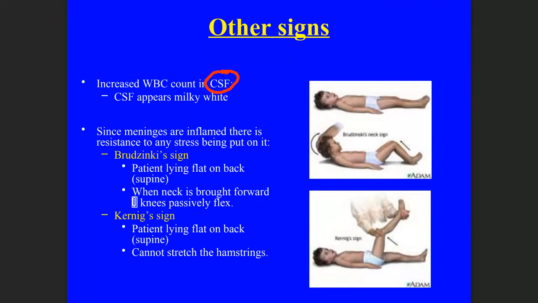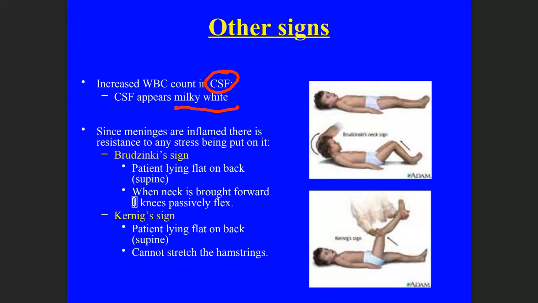But if a spinal tap is done on an individual suspected of having meningitis, and the cerebrospinal fluid looks milky white, that indicates that white blood cells are moving in. And the only reason white blood cells would be moving into the CSF is if there are bacteria there. So a milky white appearance to the CSF would indicate possible meningitis.